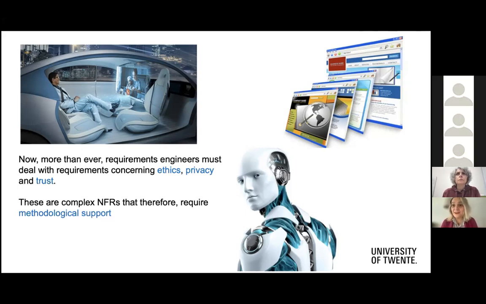They're vague, as Giancarlo mentioned before our presentation. And this complexity makes it necessary for us to provide some methodological support for requirements engineers to capture this kind of non-functional requirements.